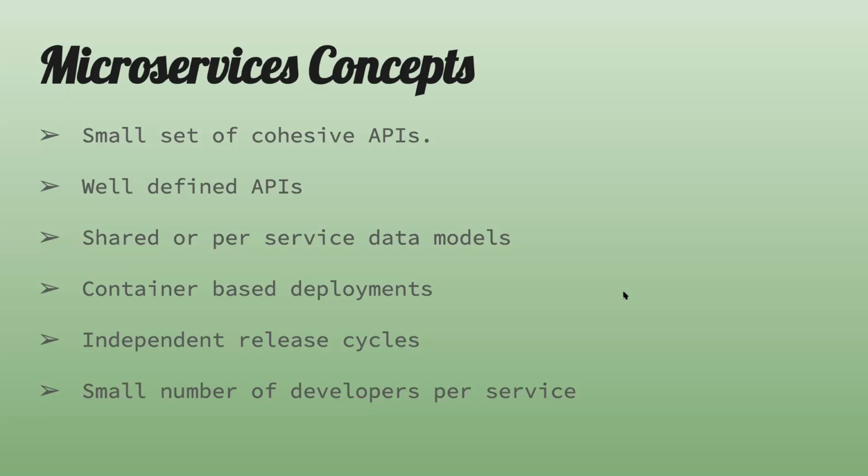So when it comes to microservices, there are two ways of handling the database: shared databases or per-service databases, where each microservice has its own particular database.